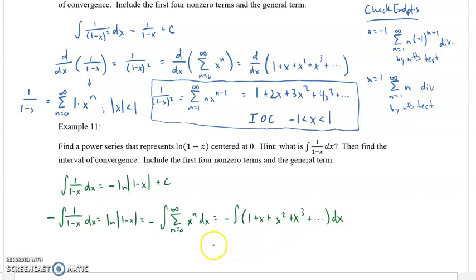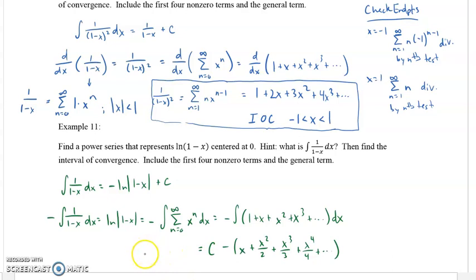All right, so we'll have negative, taking the antiderivative of this, we get x. Taking the antiderivative of this, we get x squared over 2. Taking the antiderivative of this, we get x cubed over 3. We're just doing the inverse power rule all day long. And I'm going to go ahead and put that plus c here.